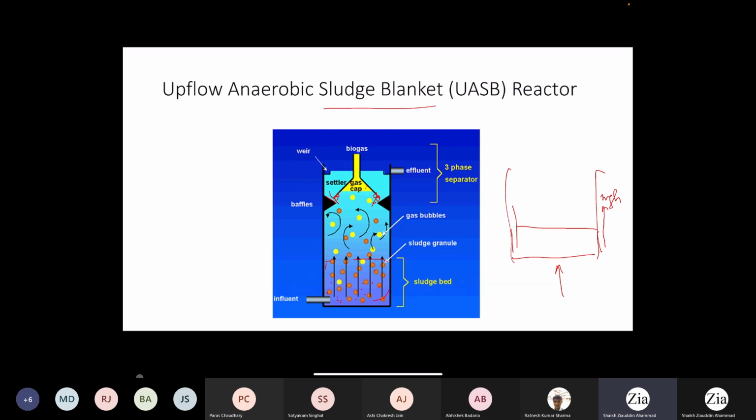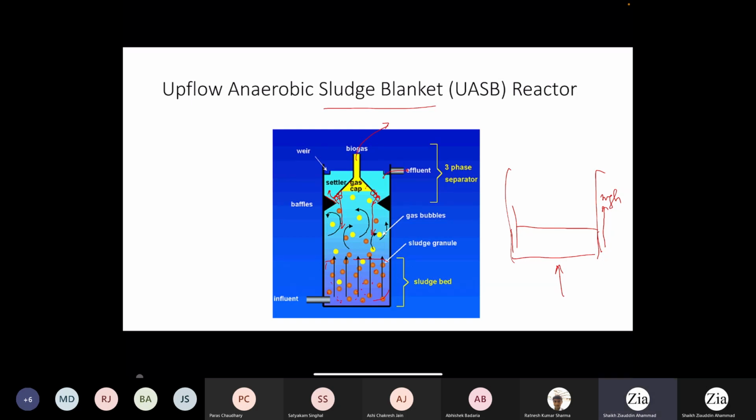Only liquid will go, and gas will get separated in this cone. All solid granules get trapped here and ultimately, due to gravity, come back to the main reactor environment, and you get almost treated effluent from this outlet, and gas will be collected from the gas outlet.